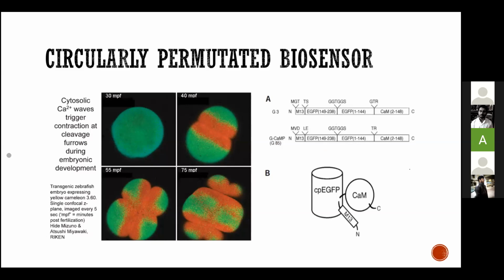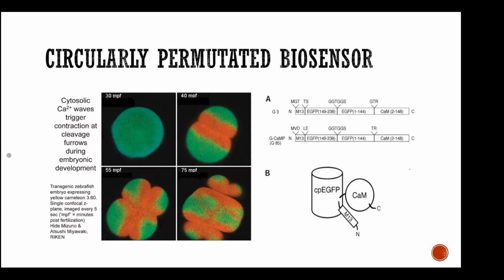So in the first picture, let's say the 30 mpf quadrant, the biosensor was still there. You have injected that biosensor or somehow genetically expressed it in the embryo in the 30 mpf part also.